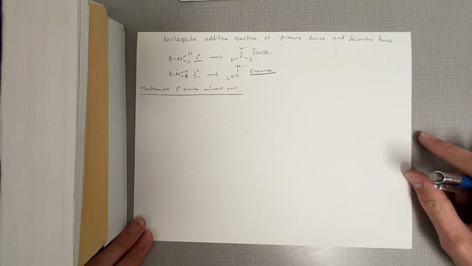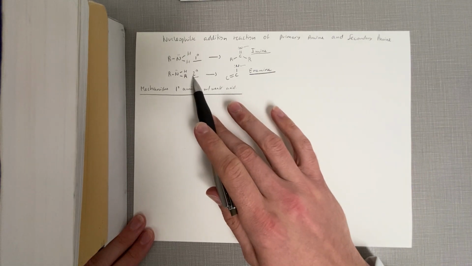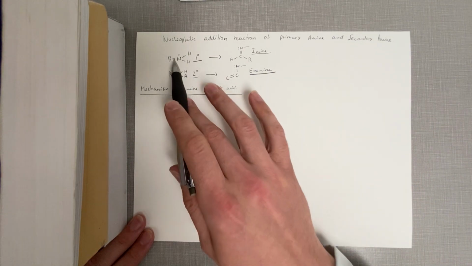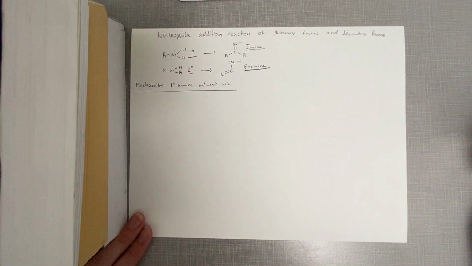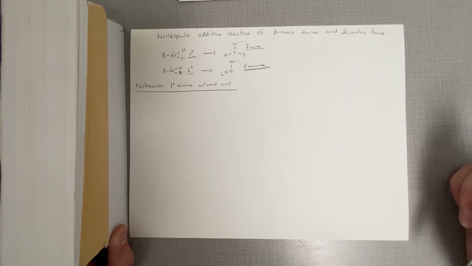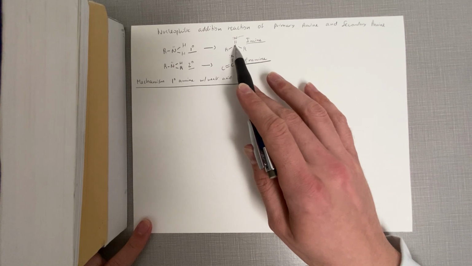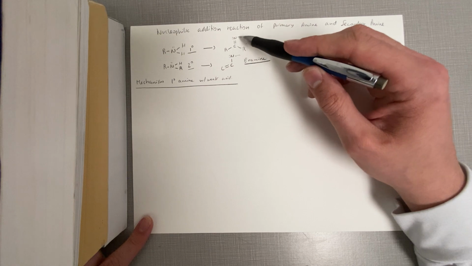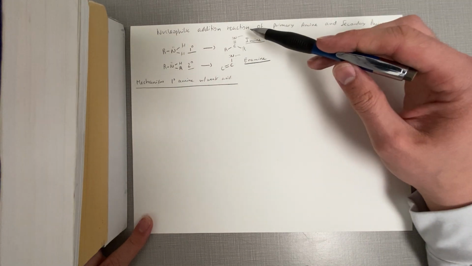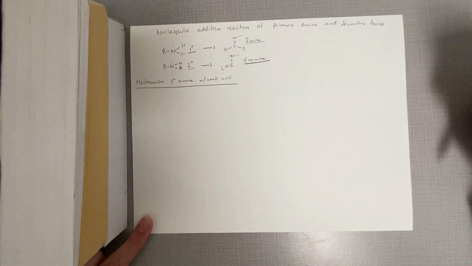So for the nucleophilic addition reaction of primary amine and secondary amine, the result of each of them is different from the usual addition reaction, because instead of taking the pi bond away or going from a double bond to adding two atoms, we not only do this, we break the initial double bond, but we reform a double bond eventually.